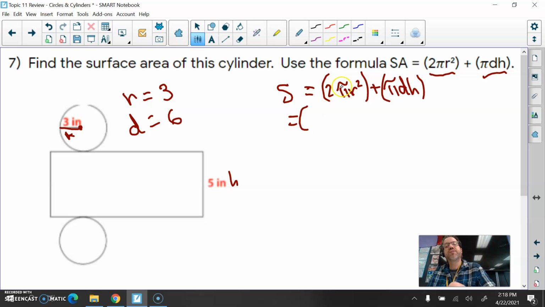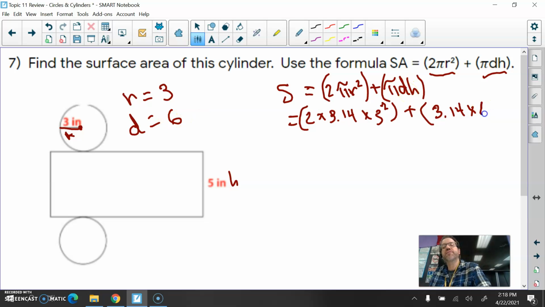So in my first quantity, I have 2 times pi, which is 3.14, times r, the radius, 3 squared, plus, and in my second quantity, I have pi, 3.14, times d, the diameter, which is 6, times h, the height of the cylinder, which is 5. So we just have to be careful that we substitute in the right numbers in these places.